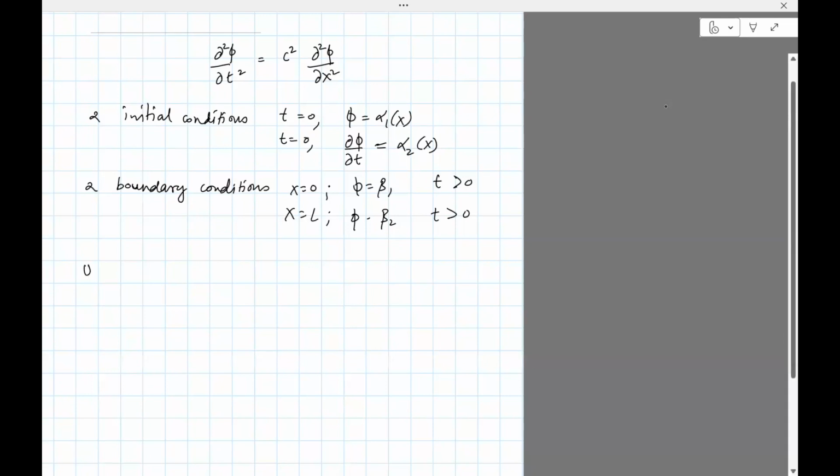We can use finite difference, like we've always done.